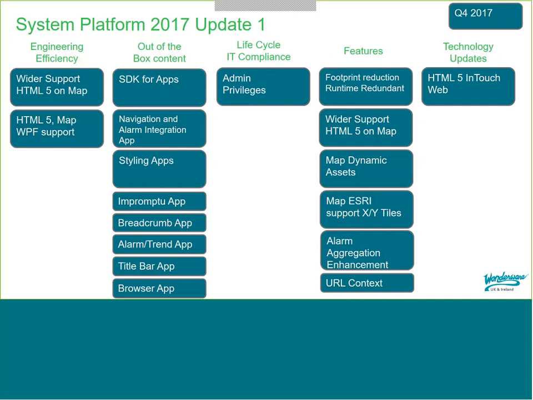The navigation application is something that has been around since the last version, but they've integrated the alarming aspects of that. They have reduced the footprint further, and also from a technology update perspective, they've released a web client for the standalone Intouch package so that you can get all those details on HTML5, and it doesn't even have to be an RDS server to achieve that, whereas it has been previously.